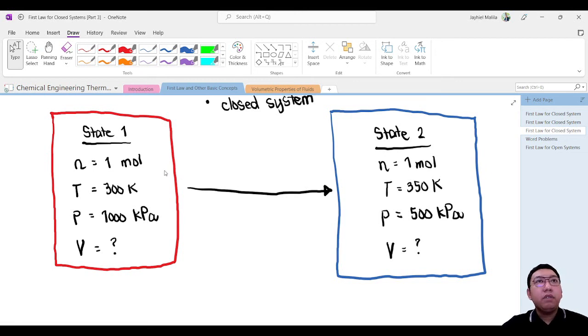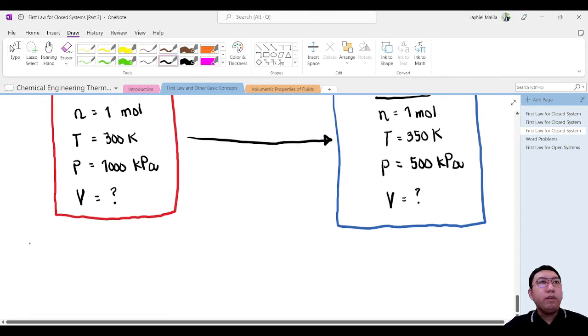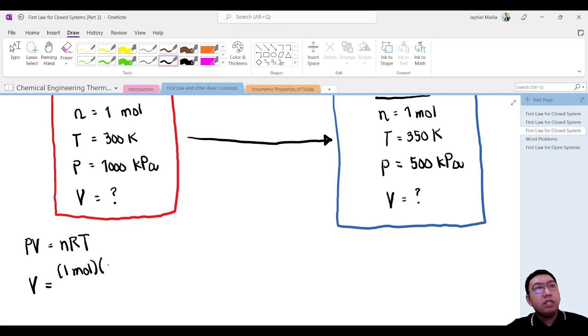Okay, I think I can solve the volume right away by, we have here PV equals nRT. Okay, I'll make this quick. V equals, we have here 1 mole and the R here is, this is in kPa, I just transform this to 8.314.